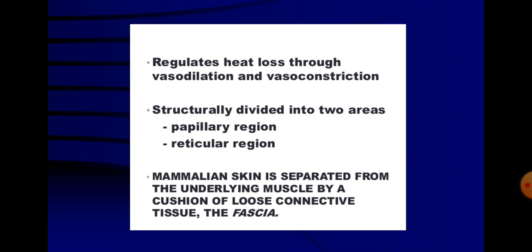It also regulates heat loss through vasodilation and vasoconstriction, and it is structurally divided into two areas: the papillary region and the reticular region. In the dermis, we can see that it contains blood vessels, nerve endings, glands, sense organs, smooth muscles, and hair follicles.